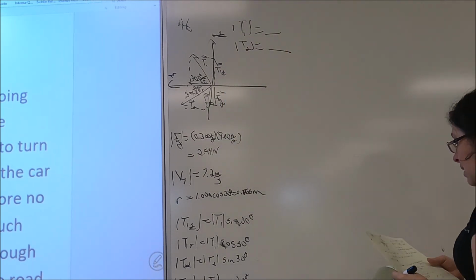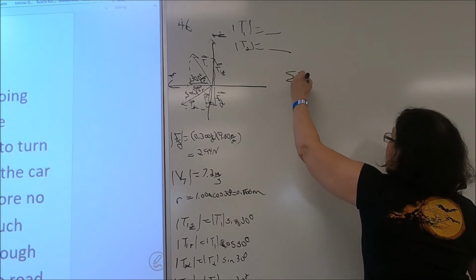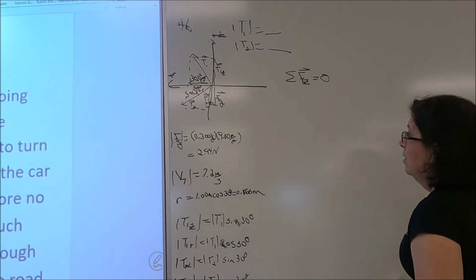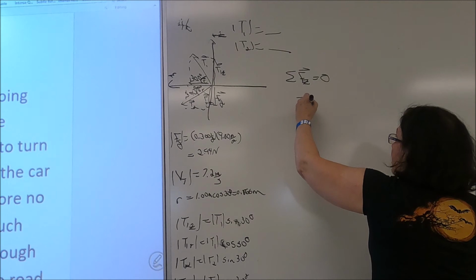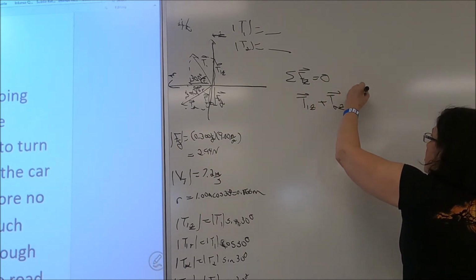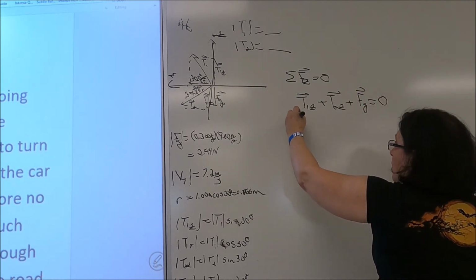Okay? Now, things we also know. Sum of the forces in the Z direction have to add up to be 0. So in the Z direction, I have T1Z plus T2Z plus force due to gravity has to add up to be 0.